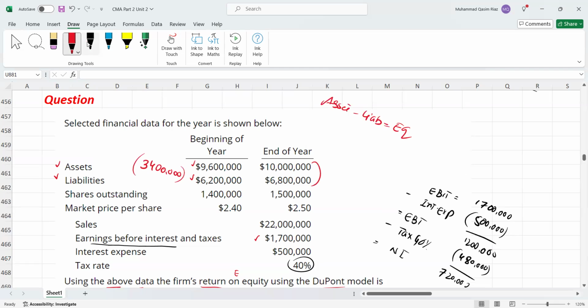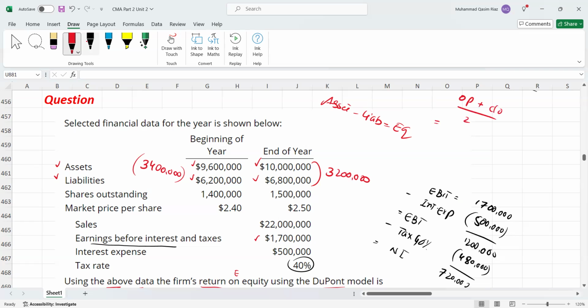Now we can find the closing also by taking asset minus liability. So 10 million minus 6.8 million. It is going to be 3.2 million. So this is the closing. Now we can find opening plus closing divided by 2.